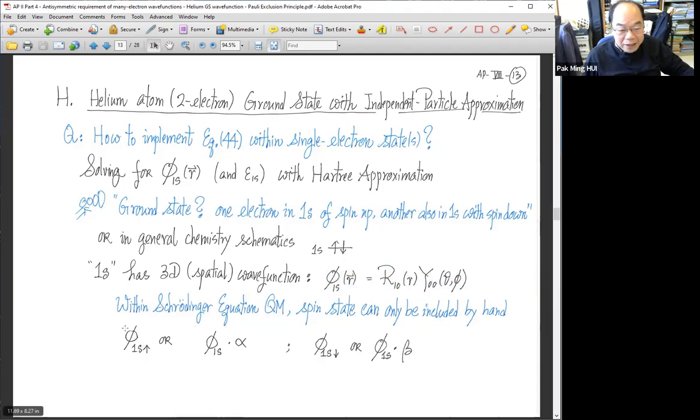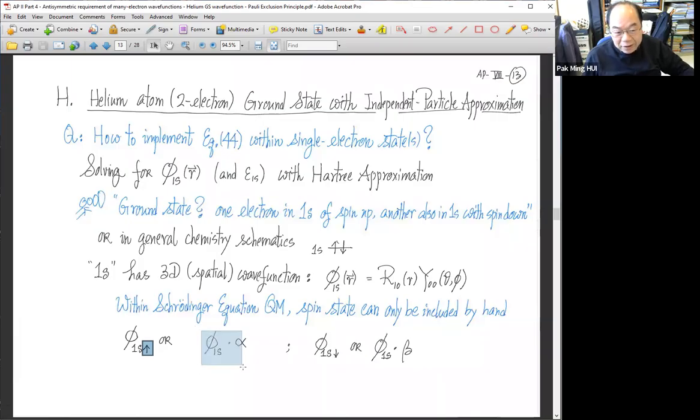So we can represent 1s with up as such a state, or in quantum numbers, n equals 1, l equals 0, m_l equals 0, and then spin up is m_s equals plus half.